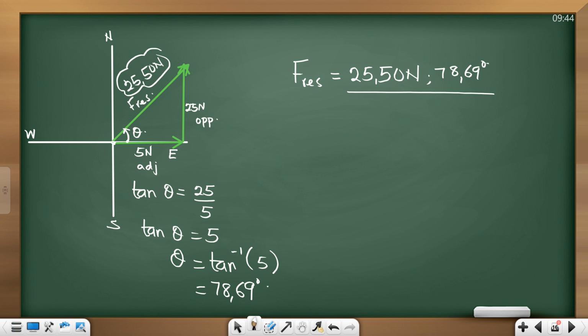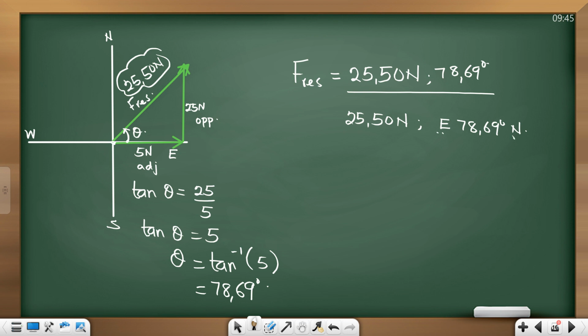Now, some others will come this way, which is not wrong. 25,50 newtons, east, 78,69 degrees north. Saying you can start from the east: I am starting from the east and I'm moving towards the north.